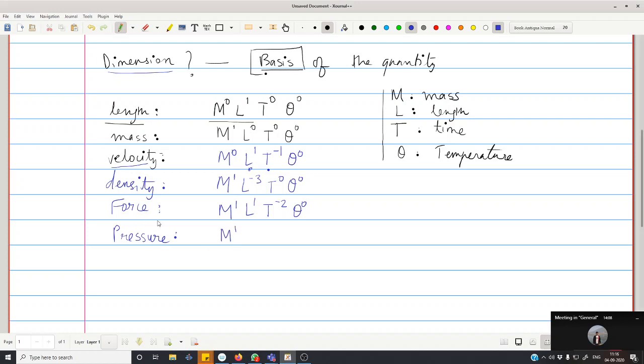Pressure is just force upon area. Area has a dimension of M0 L2 T0 theta 0, so you just divide the dimensions and you get the dimensions of pressure. What about viscosity? We just saw that the unit of viscosity is Pascal second. So it is nothing but pressure multiplied by time, right?